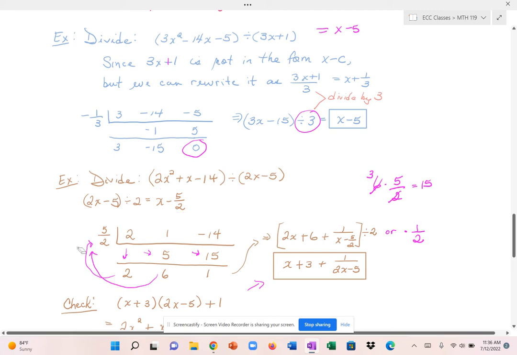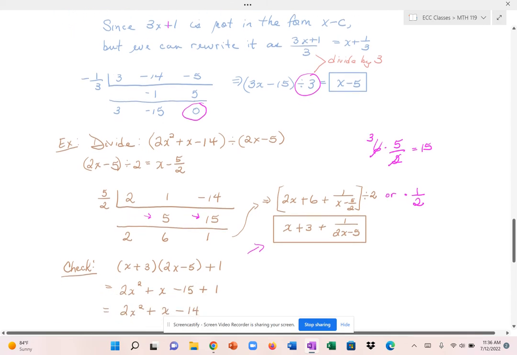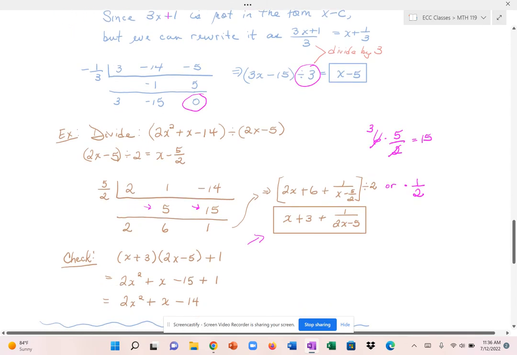Again, here I checked it just to show you that you can do a check by taking your answer and multiplying it by your divisor. So I'm going to take this answer that's now fully resolved, divide it by 2, take the original divisor, and then add in my remainder, which is 1.